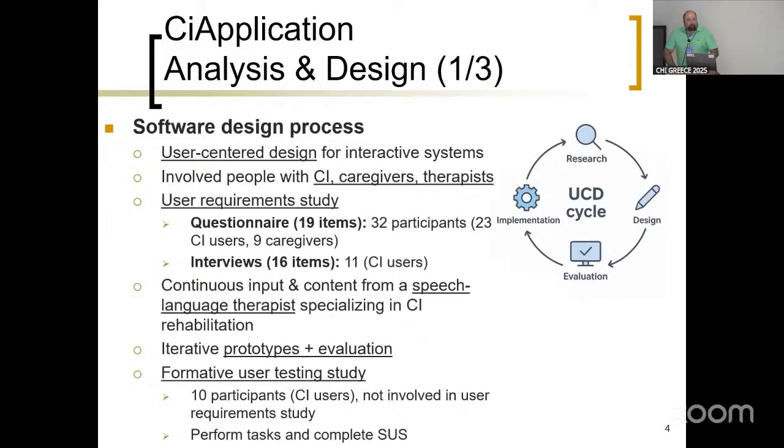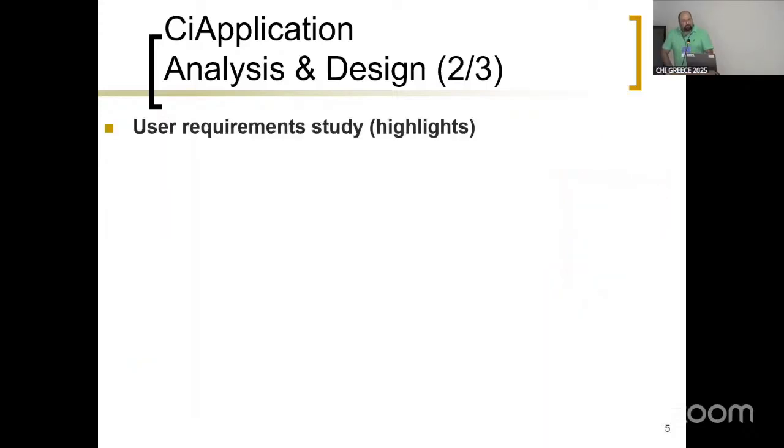And to close the cycle, we did a formative user study, focusing more on some basic quantitative things. 10 participants, not involved previously in any part of the design, did some tasks with the tool and completed the System Usability Scale to get the first insight into what level of usability the system has.